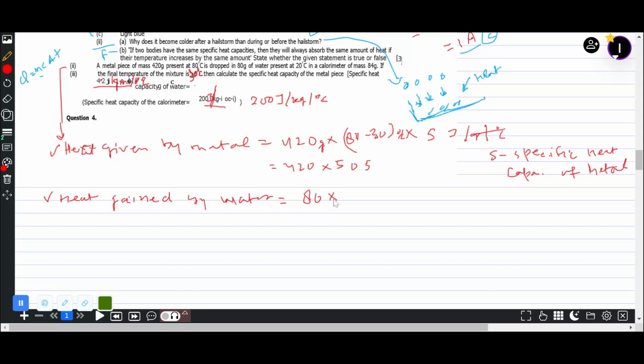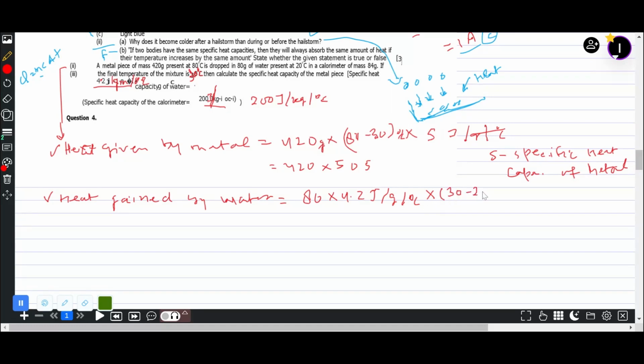80, and what is the water's heat capacity? 4.2 joules per gram per degree centigrade. This I have written as per. Actually I can write joule, gram to the minus 1, and so on, instead I have written per. What was the temperature of the water? It was present at 20 degrees, now it is 30 degrees.